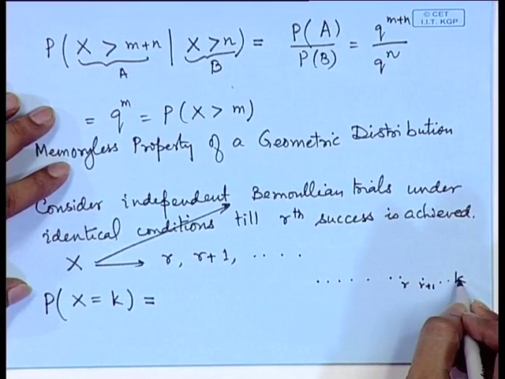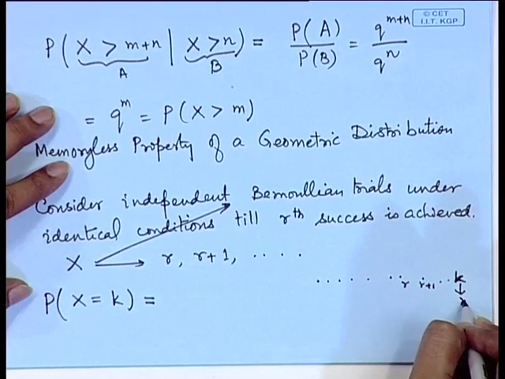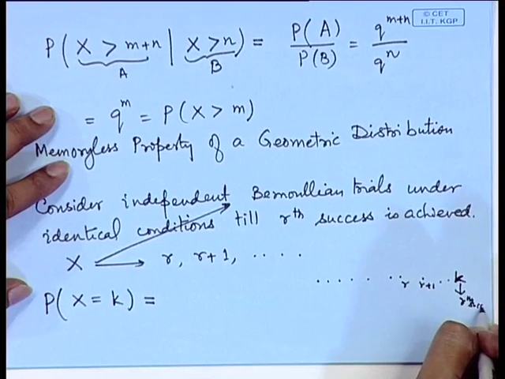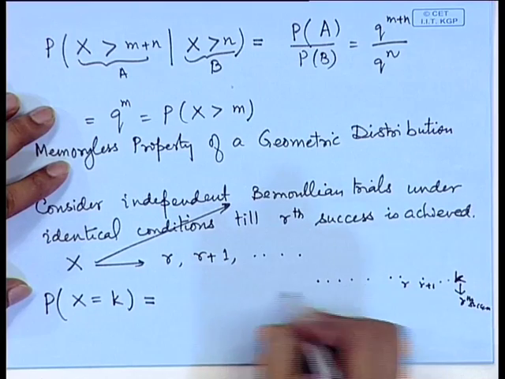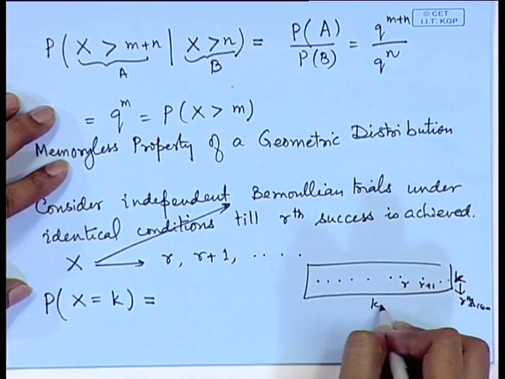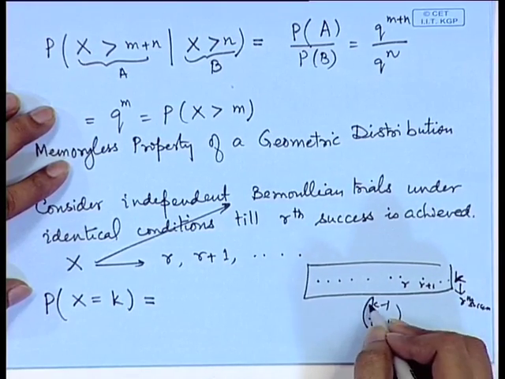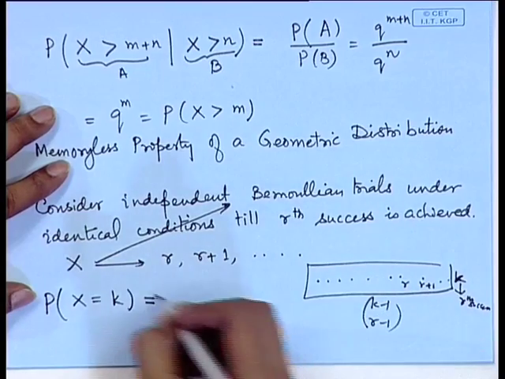So, if we are having k trials required for the rth success, that means the last one has to be a success. This is the rth success. So, the probability for that is p, and before that in k minus 1 trials you should have r minus 1 successes, and the remaining k minus r are failures.